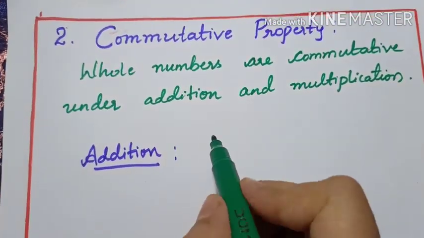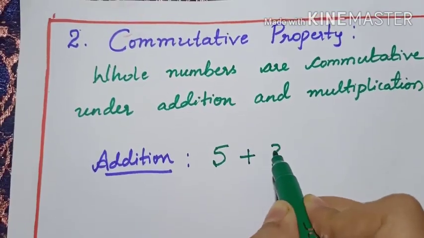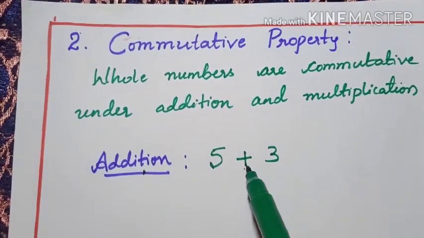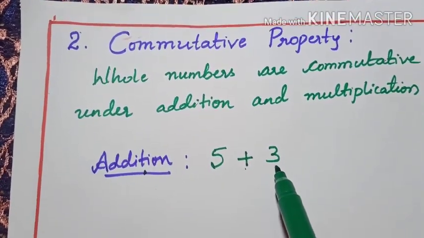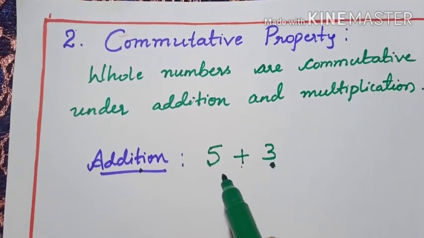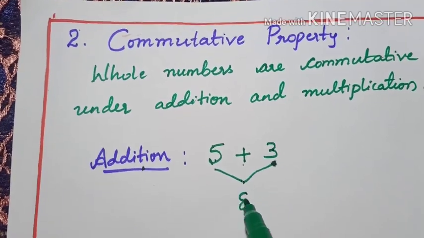Let me take an example. 5 is a whole number plus 3, since we are doing the commutative property under addition. 3 is also a whole number. You will get the answer 5 plus 3 is 8.